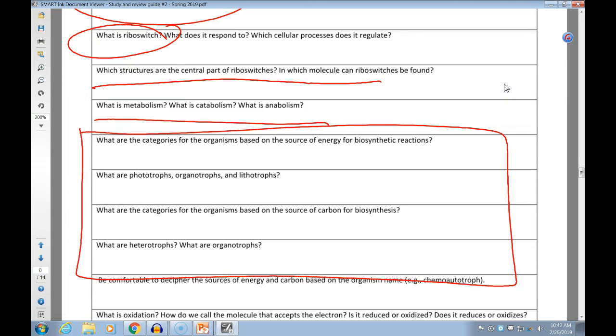Remember the table with heterotrophs versus autotrophs, chemotrophs versus phototrophs. You saw the questions on today's quiz. Something in that light. Okay?